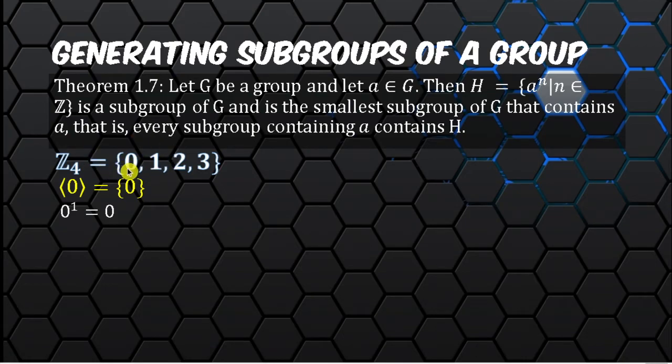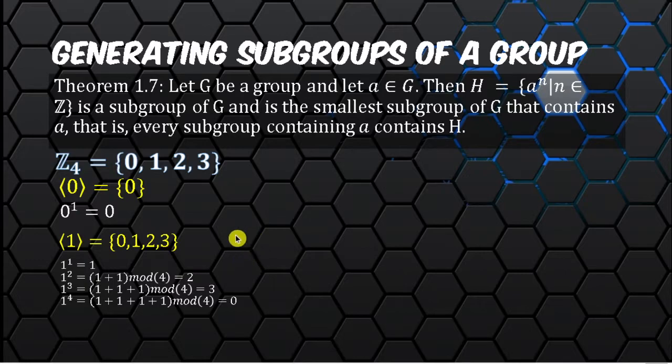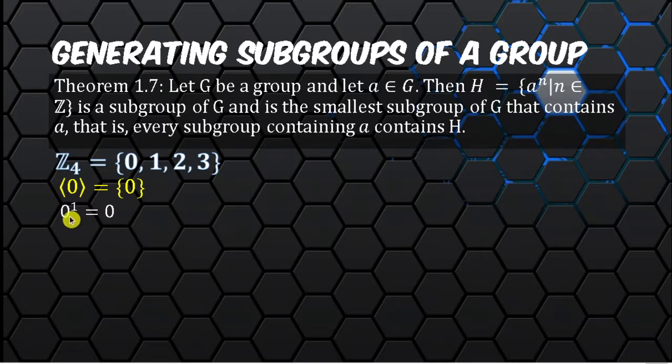So our identity element here is of course 0. There's no point of computing 0 squared because it will always give us 0 as an answer. 0 cubed: 0 plus 0 plus 0 is 0, divided by 4 gives us 0.